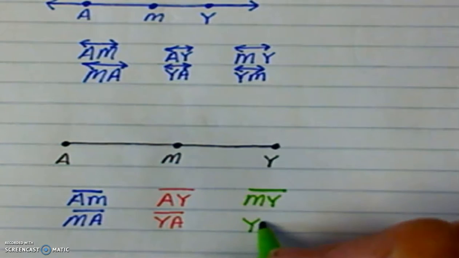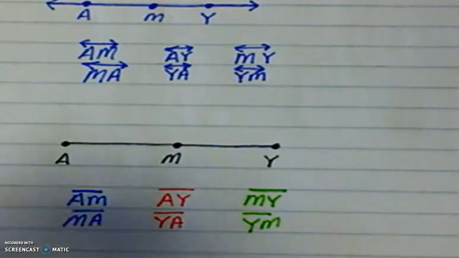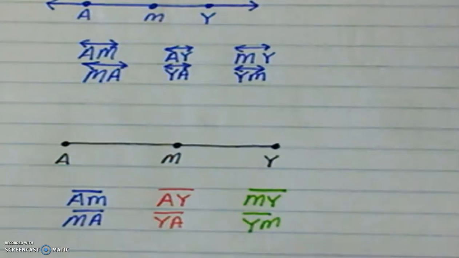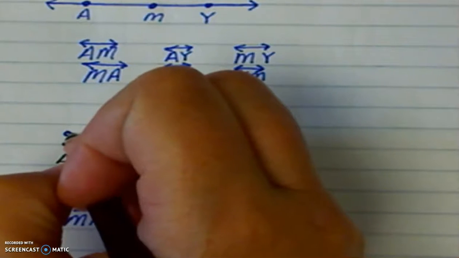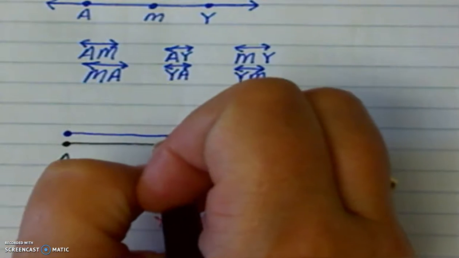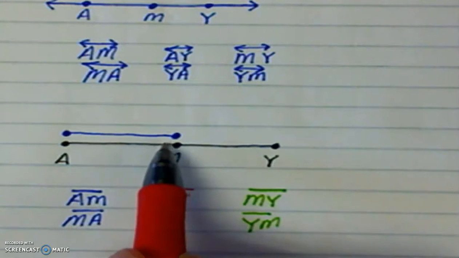and YM. Now, I did these in different colors for a reason. If we talk about line segment AM, line segment AM actually starts at A and ends at M. And that's also the same thing as line segment MA.